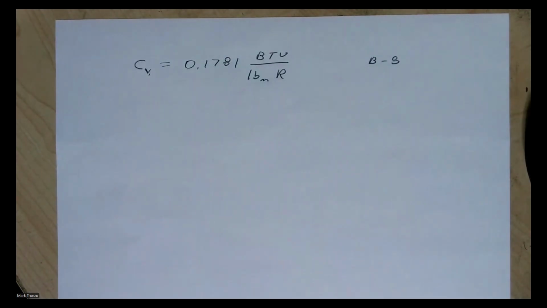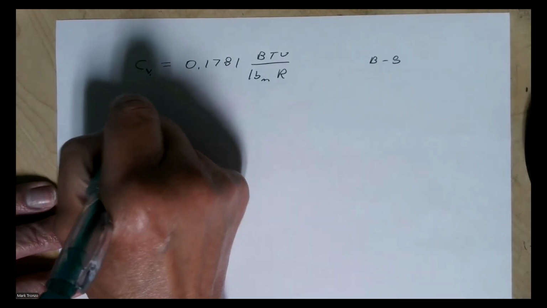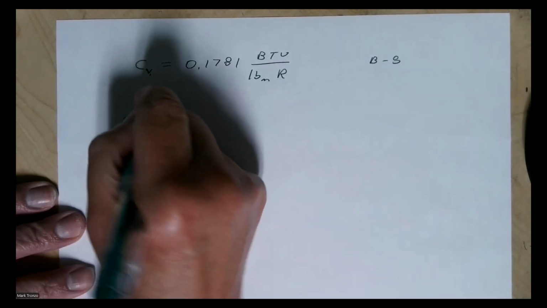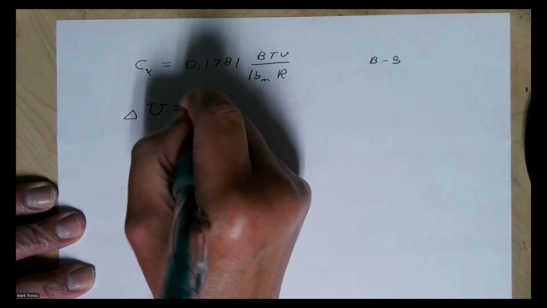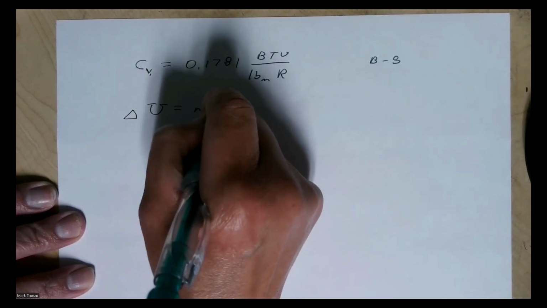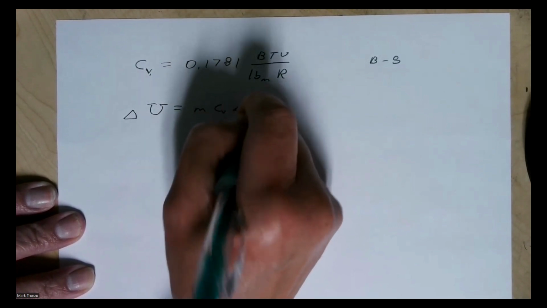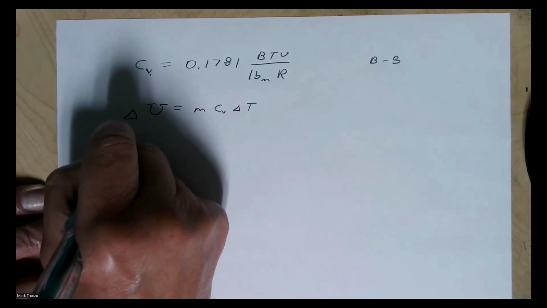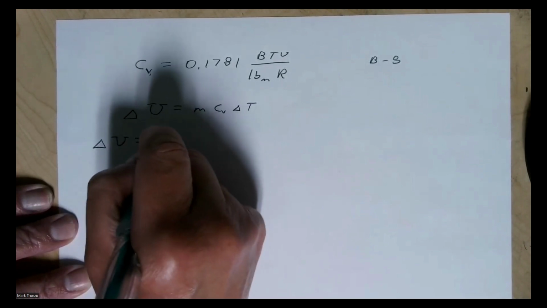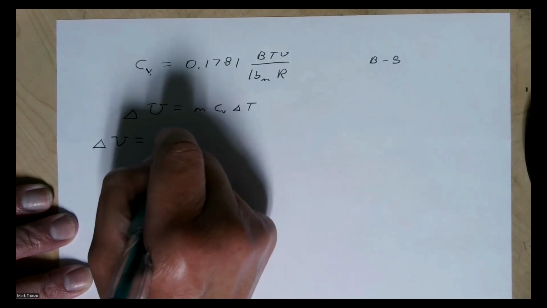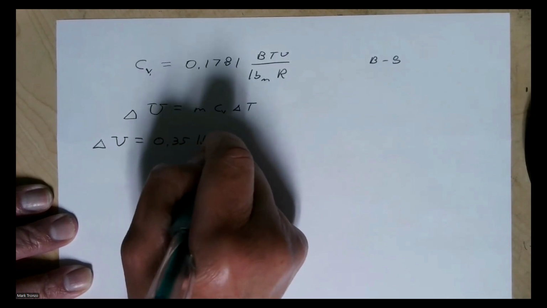And then finally, we can then calculate our change in specific heat. Again, we have 0.35.